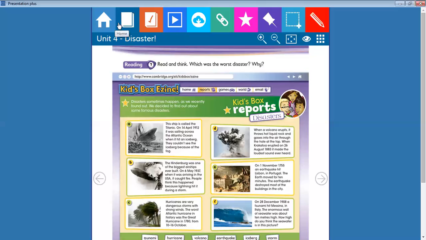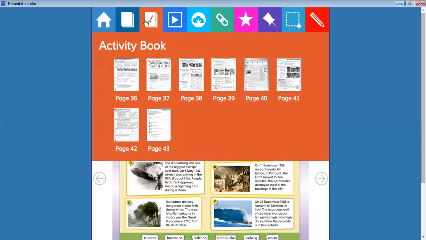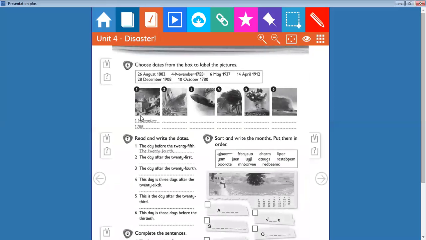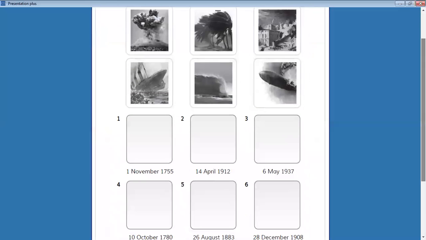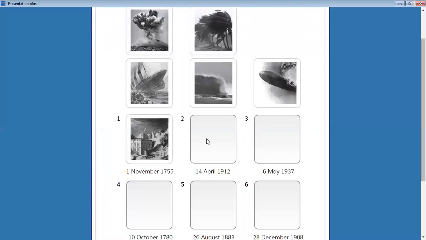All right, so let's go back to our exercise. So here, this is an earthquake that was on the 1st of November 1755. Okay, we are going to put them here. So that was the earthquake. On the 14th of April 1912 was the disaster of the Titanic ship.